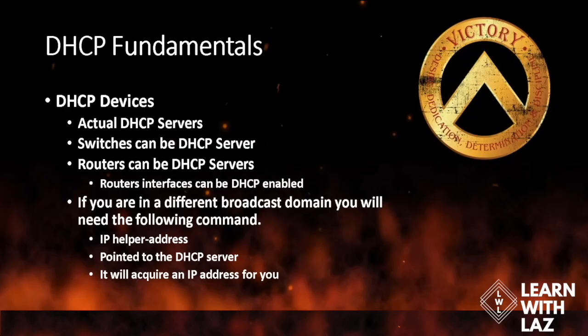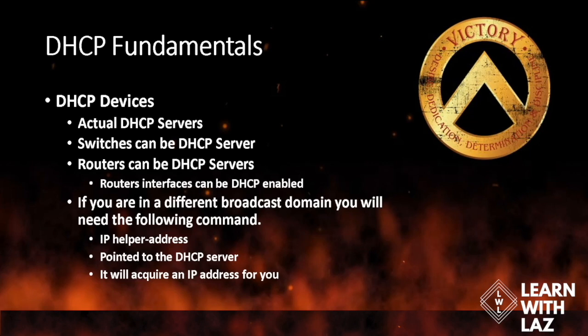All right, and that will intercept, because since you're in a different broadcast domain, the router is going to drop your packet because it's a broadcast address, and routers don't like to be yelled at. So the IP helper address is acting like a DHCP relay agent. It's going to intercept that particular frame, that broadcast. It says, listen, I'll take that for you.